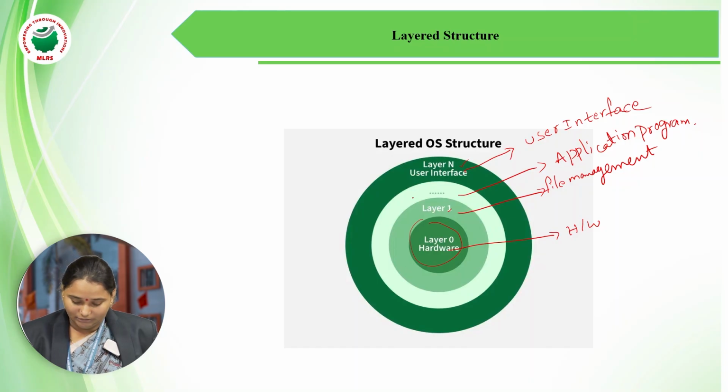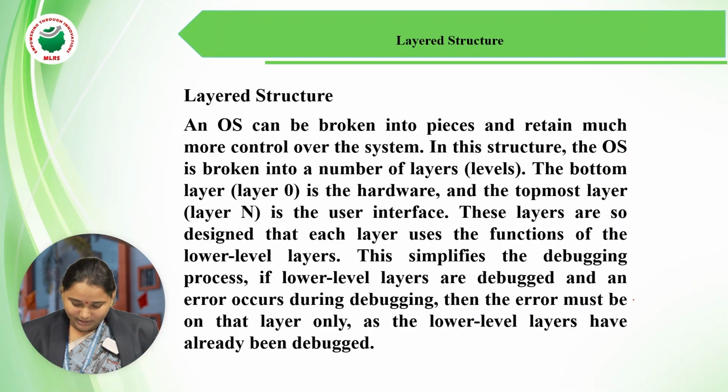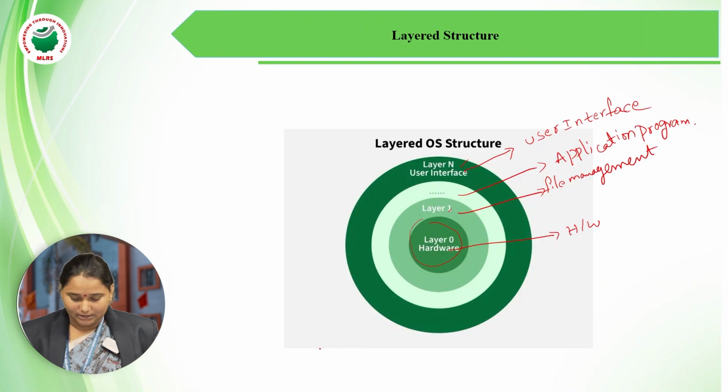After that, we get the error. Then the error must be in that layer only. Here lower level layers are debugged first, and if an error occurs during debugging, then the error must be in that layer only, as the lower level layers have already been debugged.